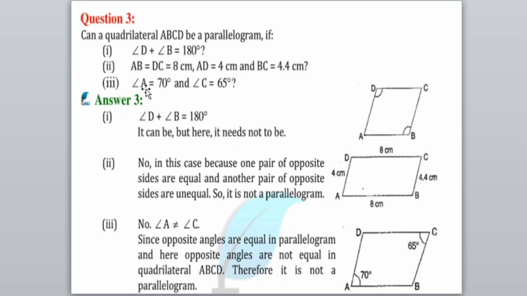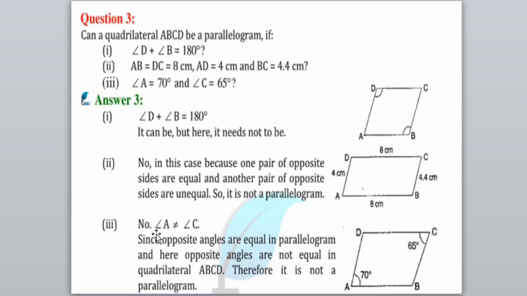Then the next condition is given, angle A equals to 70 degree and angle C equals to 65 degree. So it is a parallelogram ABCD. Angle A is given 70 degree and angle C is given 65 degree, and here we can notice angle A and angle C are opposite angles, and opposite angles of a parallelogram are always equal, but here they both are not equal, it means it is also not a parallelogram.